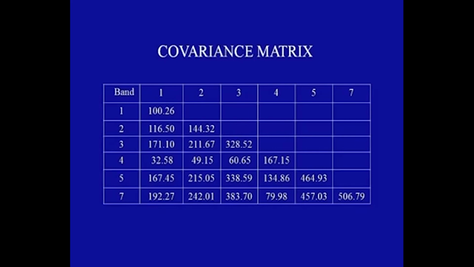Similarly, in remote sensing, this tells us the amount of information content available in each of the data sets. So, if we look at these diagonal terms, band 1 probably has the lowest value, that means it has the lowest information content in comparison to band 5 and 7, where the values are very high.